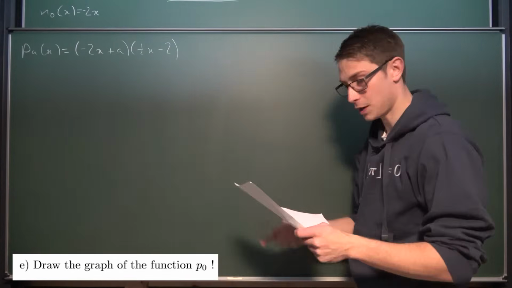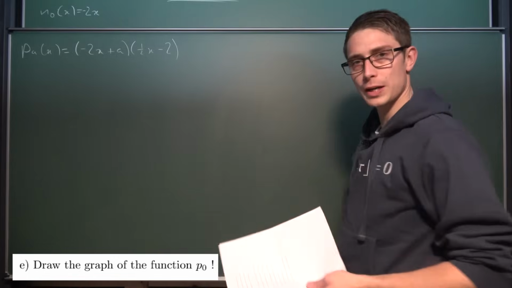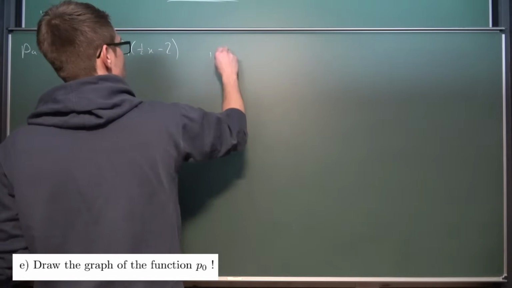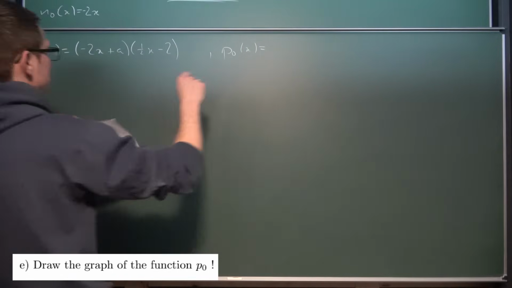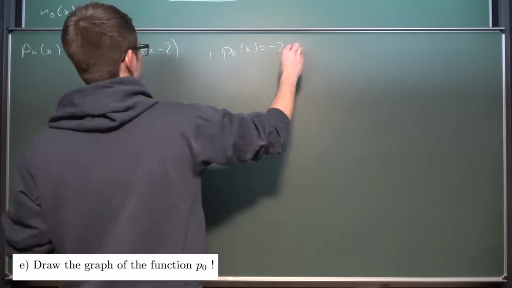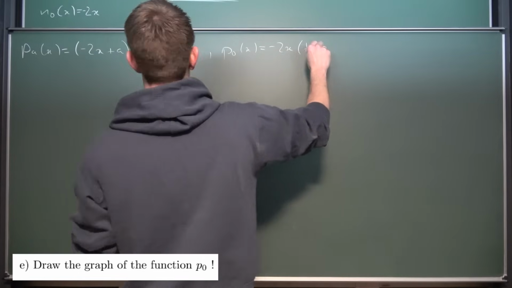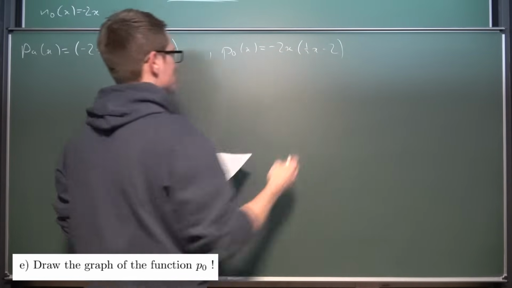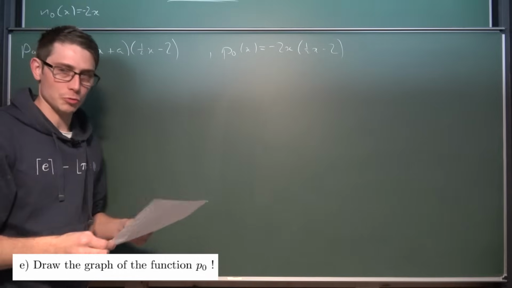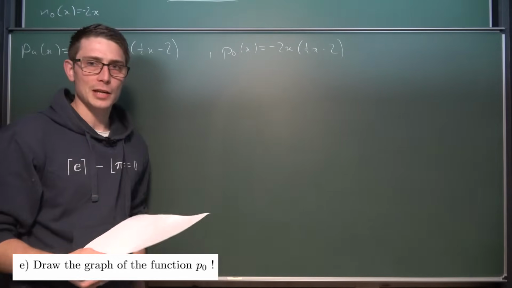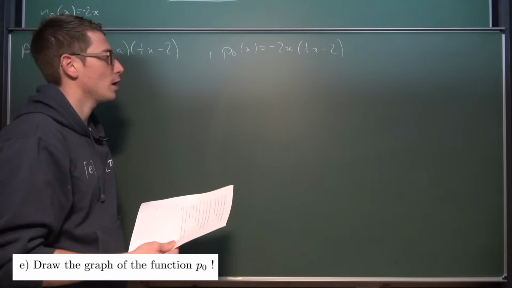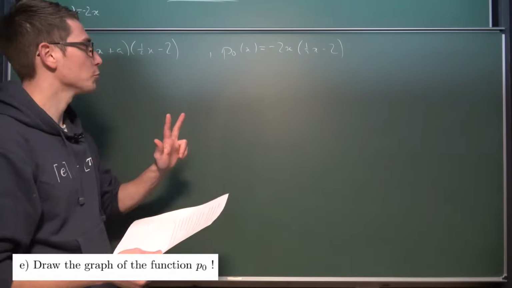Draw the graph of the function P_0. Let us write out what P_0 actually is. P_0 of x is the same as if we plug 0 into here, we are going to get -2x times (1/2 x - 2). And now we need to draw this function. It's gonna be a parabola. The only thing that we really need to draw a parabola are 3 points overall.